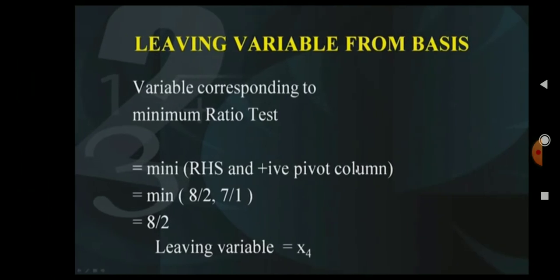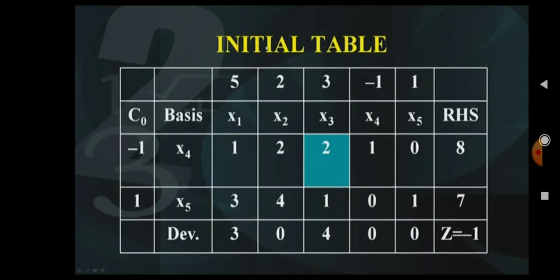Now look at the first table here. If you want to make the value 2 as 1, you have to divide simply by 2, and in that case the row will be 1/2, 1, 1, 1/2, 0 and 4. And you have to get the value 1 and 0 under x3.